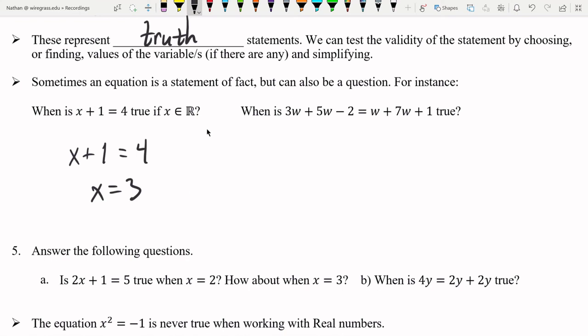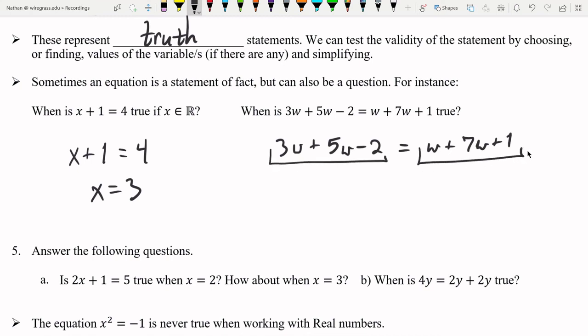Okay, for this next one, 3w plus 5w minus 2 equals w plus 7w plus 1. Well, here I have like terms. We're just looking at this thing and this thing separately. These are just expressions. And inside each one, we have like terms. 3w plus 5w is 8w.